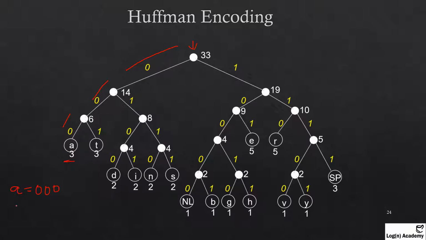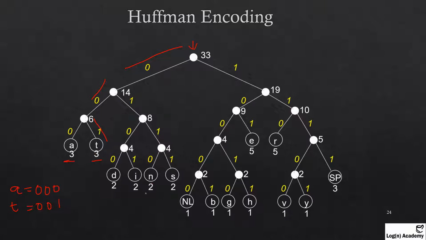For T, the path will be different: 0, 0, 1. So we will concatenate these bits, and we will assign that to the character where that character is residing.